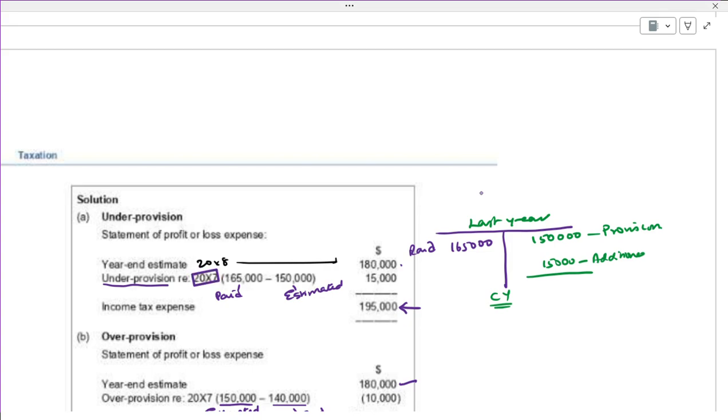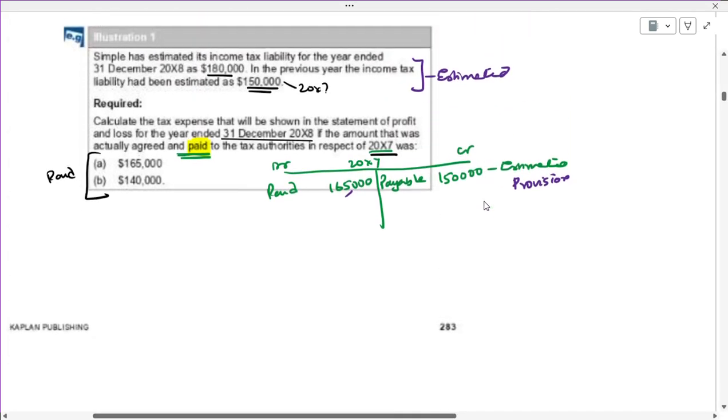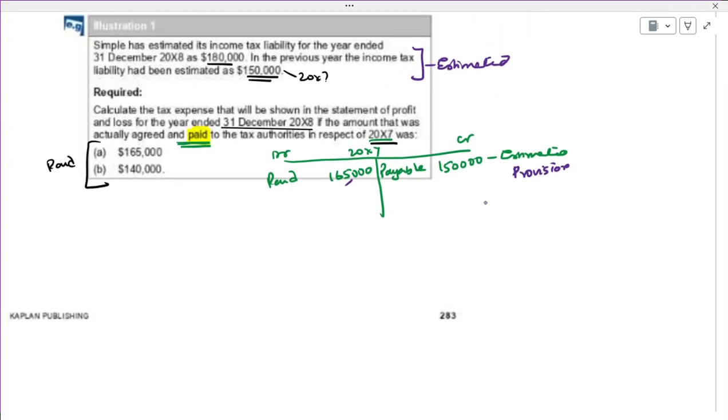You estimated 150 and you have paid 165, which means you have estimated less. When you have estimated less, it is an under provision. How much is the under provision? 15,000, the difference.